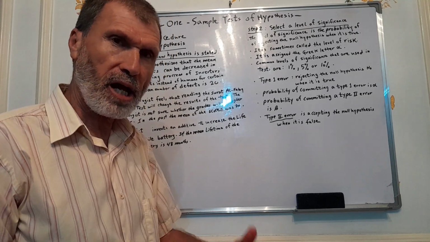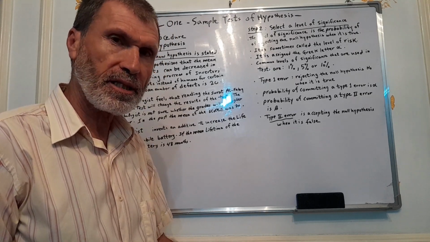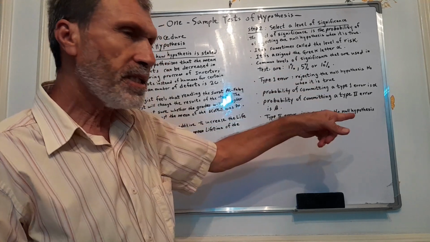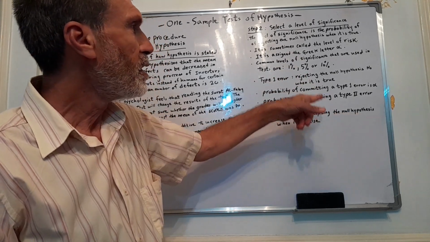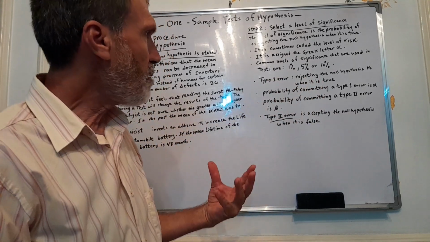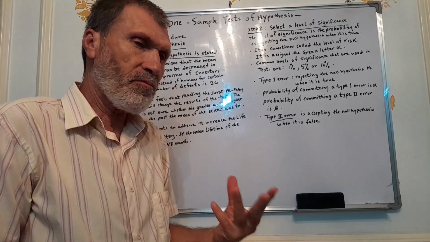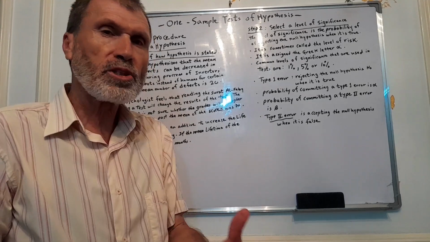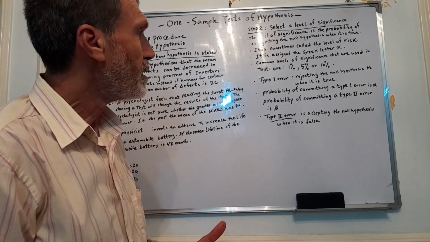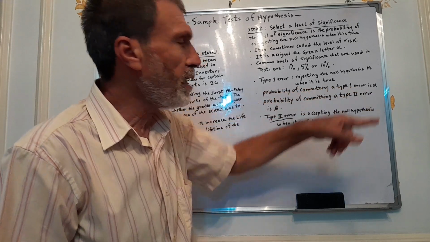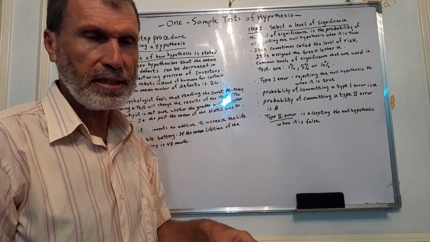Therefore, here we're rejecting the null hypothesis when it is true. So type 1 error happens when you get false positive results. The probability of committing a type 1 error is alpha, the Greek letter alpha.